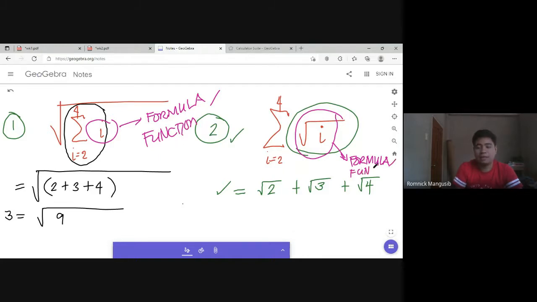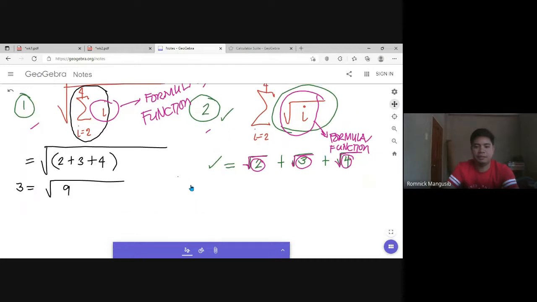Kumbaga, yan ang command sa'yo. Kunin mo lahat ng I, sabi niya, from 2 to 4, at i-add mo silang lahat. Yun ang sinasabi na number 1. Ang sabi naman na number 2, kunin mo lahat ng square root of I from 2 to 4. So, 2, 3, 4. Dapat lagi silang magkakasama na naka-square root. Bakit? Kasi yun yung command. Yun yung formula.